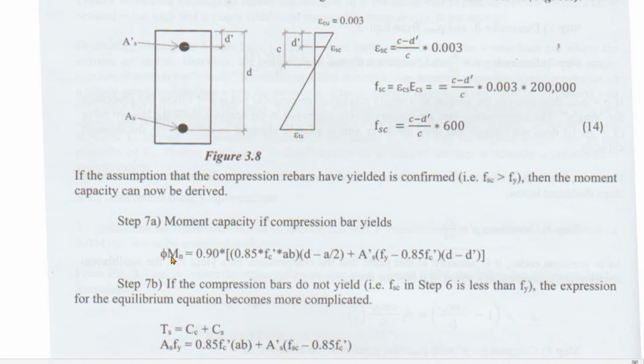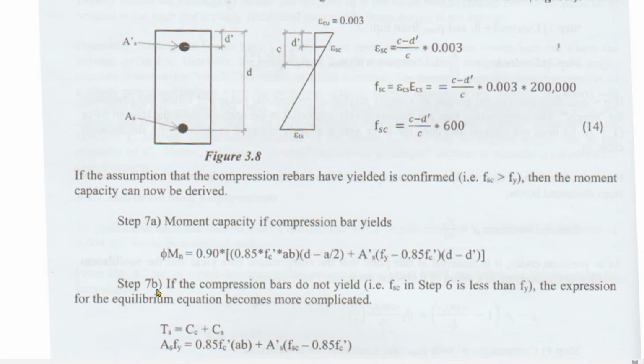That, ulitin ko, yung nominal moment is equal to 0.90 times Cc, okay, times the lever arm na d minus a over 2 plus A'S times Fy minus 0.85 f'c. Ito naman yung compression steel, okay, times d minus d prime.